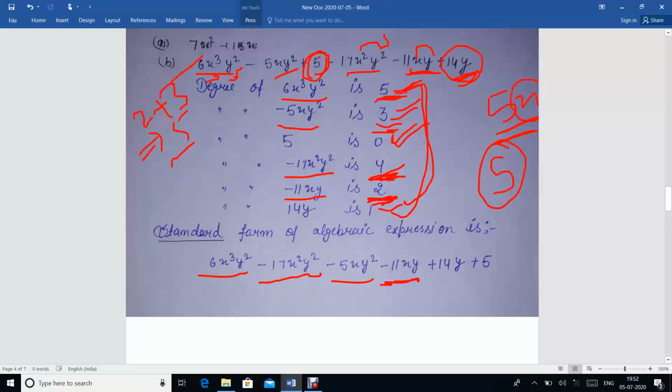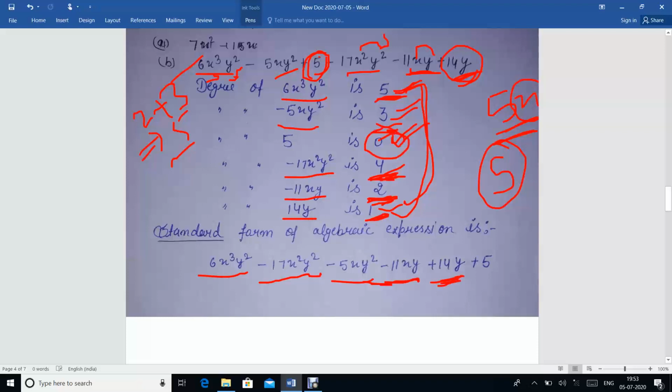You have to be careful about the signs, negative or positive. If a question contains a negative sign before any term, then you have to put the negative sign in the answer also. The next is 1, and 1 is the degree of the term 14y. So at the next position you have to write 14y.